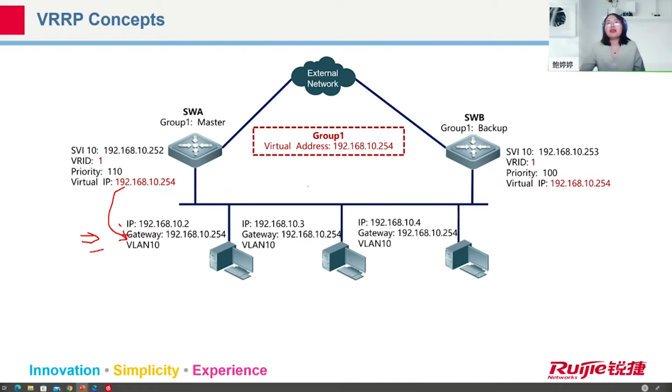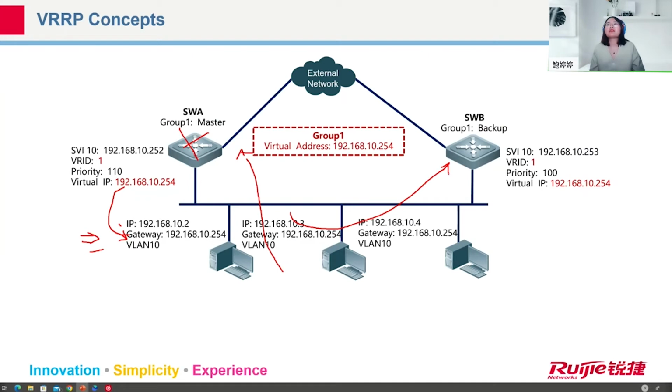When the terminal wants to visit the internet, the actual path will be sent to switch A to help us. If the master is broken, the actual traffic will be sent to switch B to forward the traffic. If all the physical devices are broken, finally the PC cannot visit the internet.